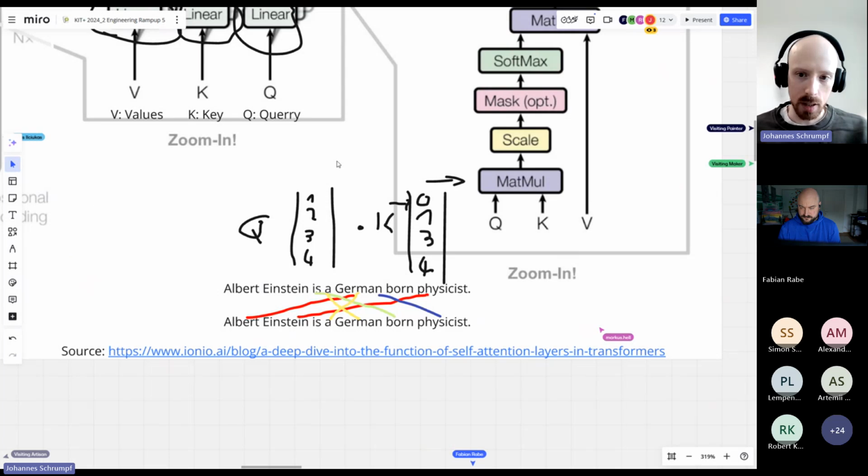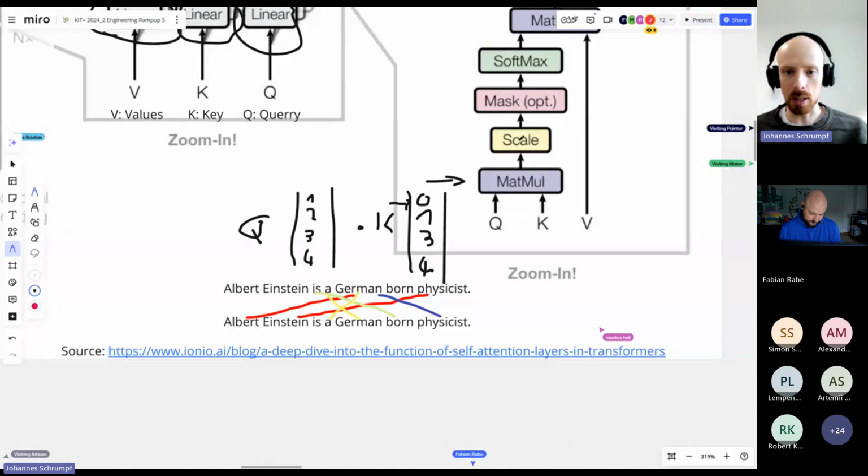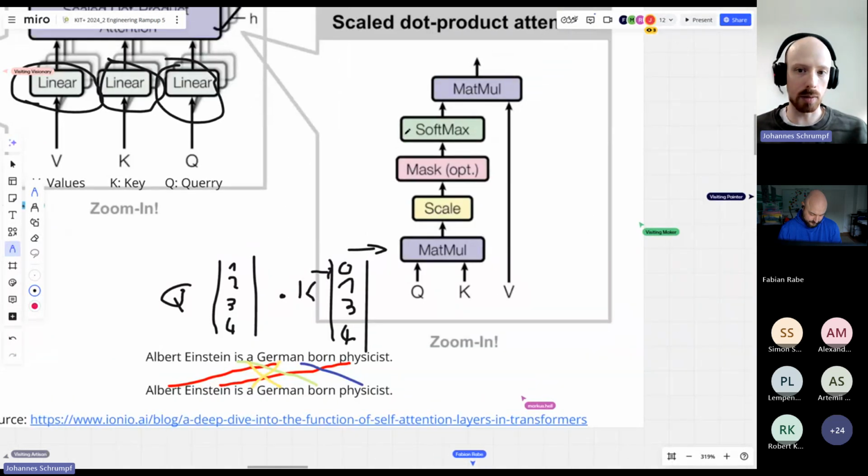And this is what happens in this first matrix multiplication step. Then the result gets scaled again, because you need to keep the same dimensionality. It gets fed through a softmax function to squish it down into a certain value range. And then this matrix multiplication happens again.